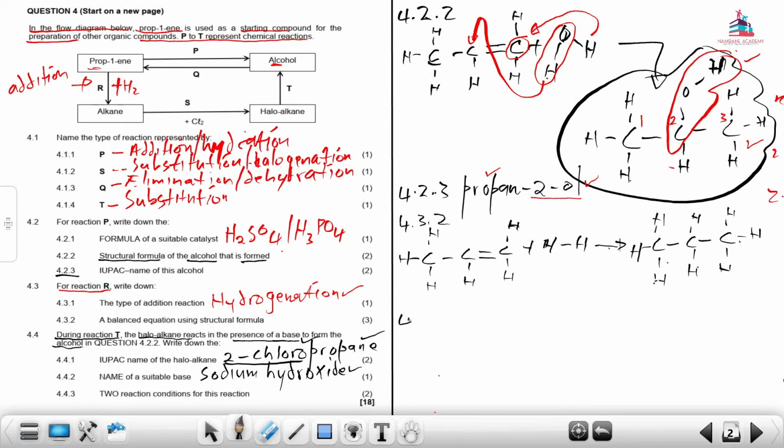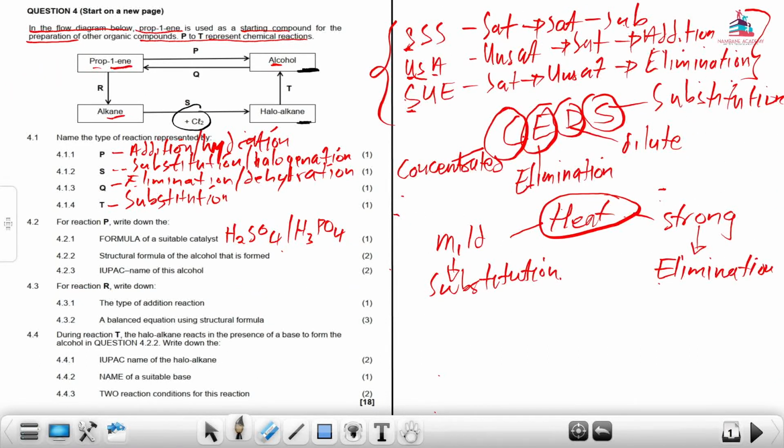Then 4.4.3, 2 reaction conditions. I'm going to go back to my analogy again. Two reaction conditions. One is I'm going to talk about the base, so it's definitely going to be a dilute strong base, because it is a substitution reaction.